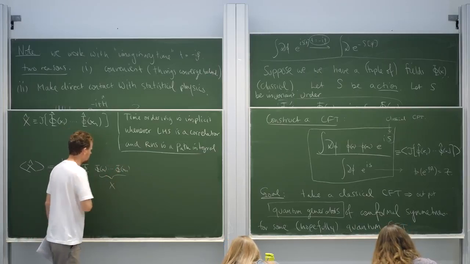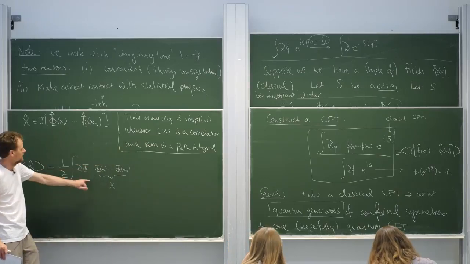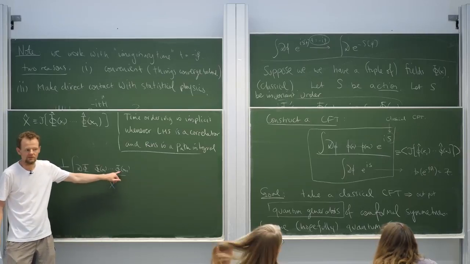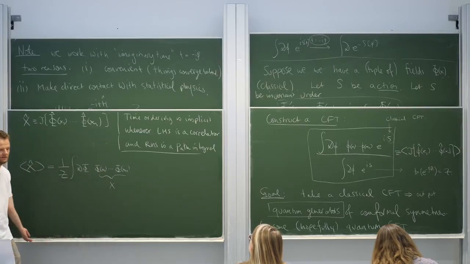And to make our life easier, we just write that as x. So that's why I was commenting about this time ordering. The x without the hat is just the product of the fields at endpoints. The x with the hat is the time-ordered product of these fields with the hats.